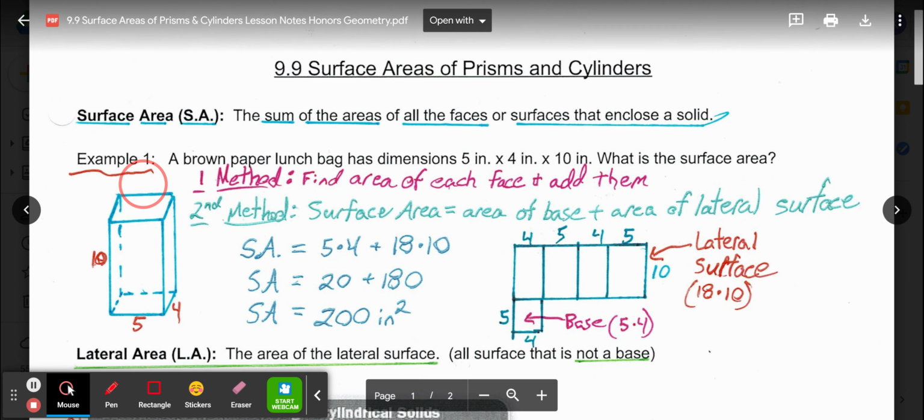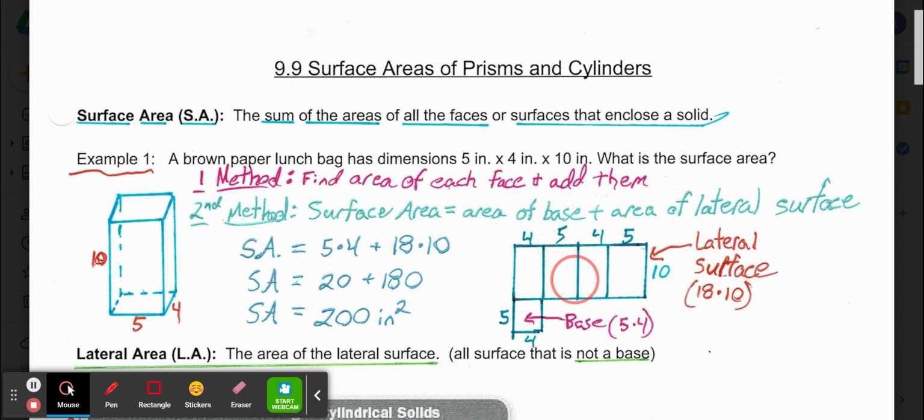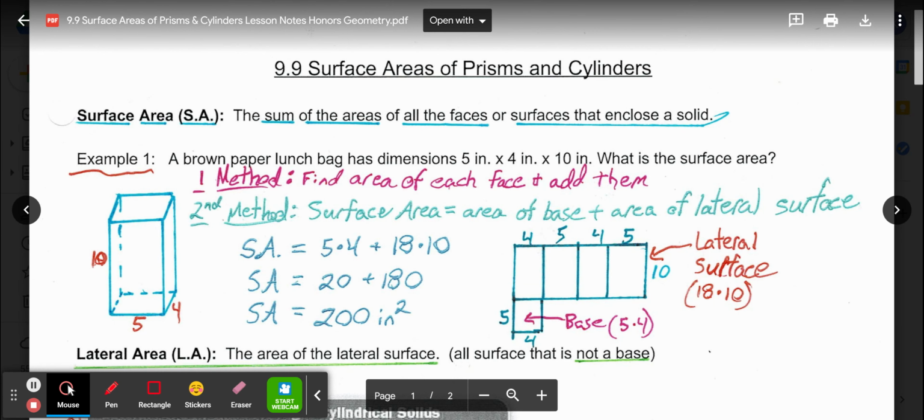When we take a three-dimensional figure and draw it as a 2D, that's known as the net. I just didn't draw the top here, but I kept the bottom for our base. So our base is a 5 by 4 rectangle.